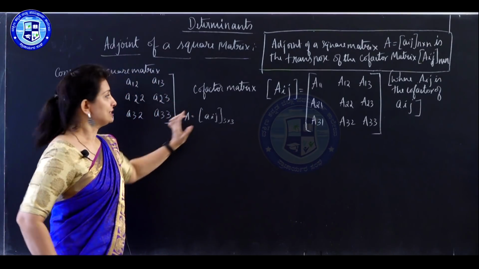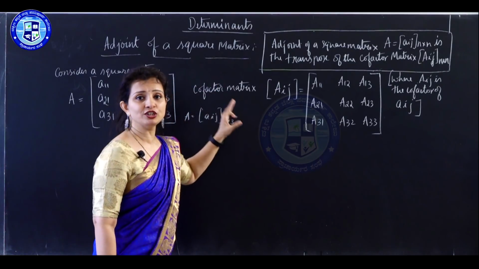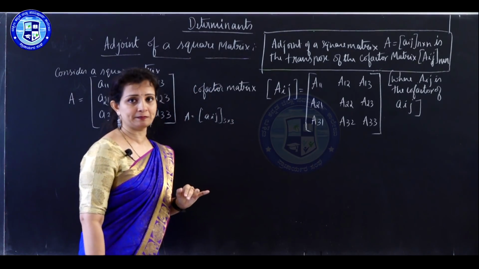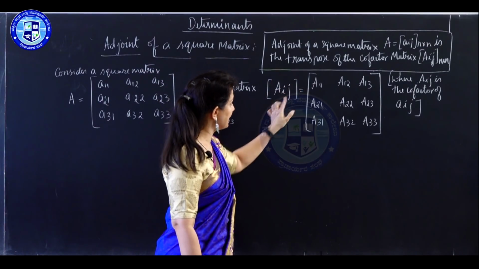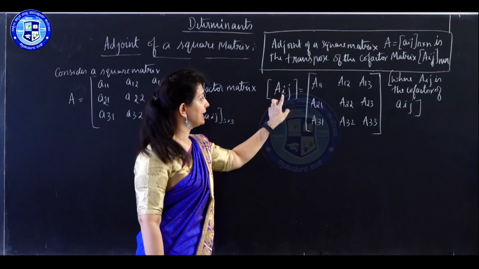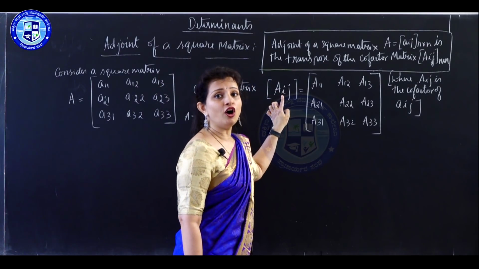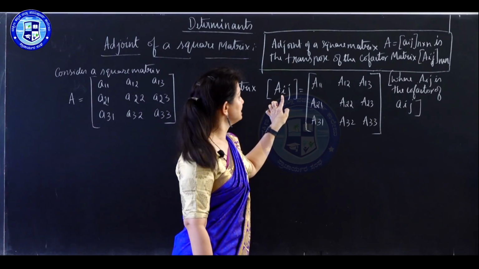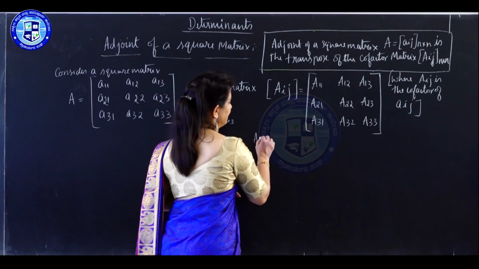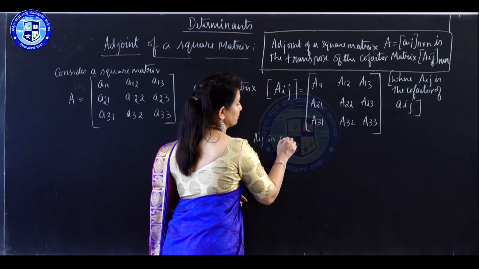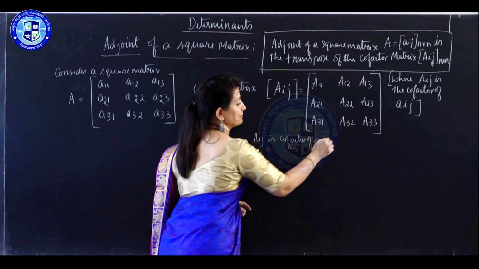Now, what is a cofactor matrix? In the previous session, you have learned what is a cofactor of each element of a determinant. Now, the cofactor matrix is denoted by matrix Aij. This Aij is a cofactor of each element of the determinant, the cofactor of the element aij.